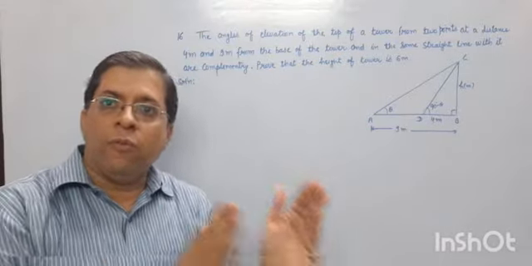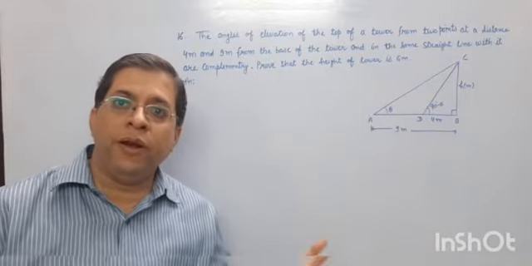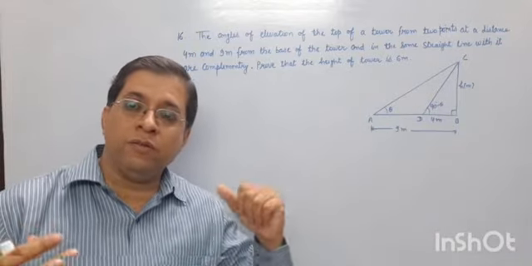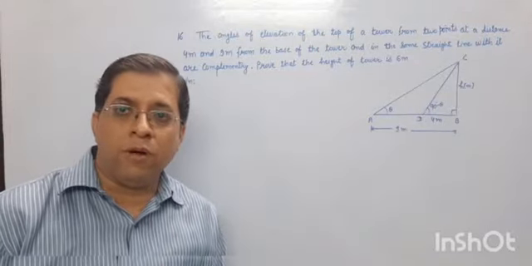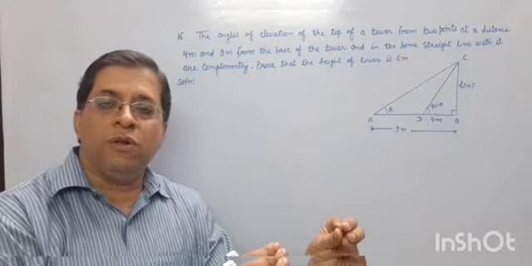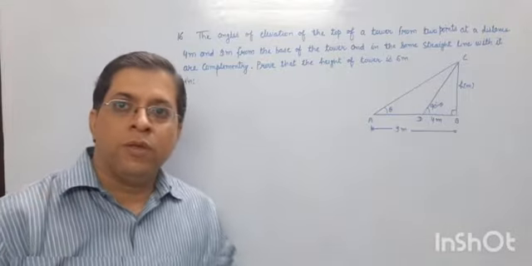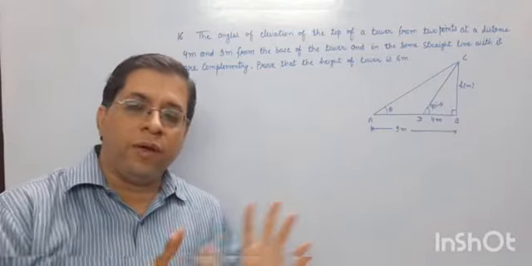One angle is complementary to the other angle. Now the wording is very confusing, no? Complementary angles, we have seen in lower classes, no? I think you all know complementary angles. It means the sum of two angles will be equal to 90 degree.